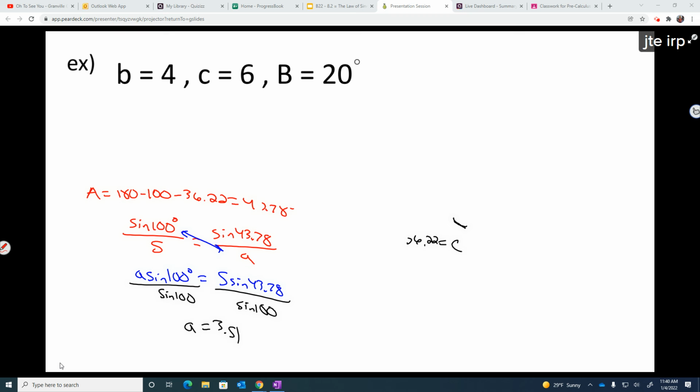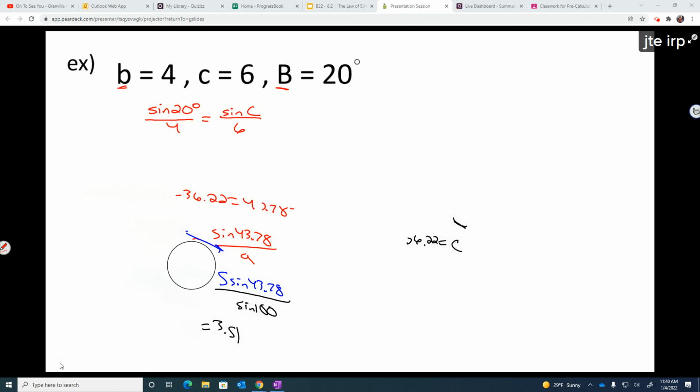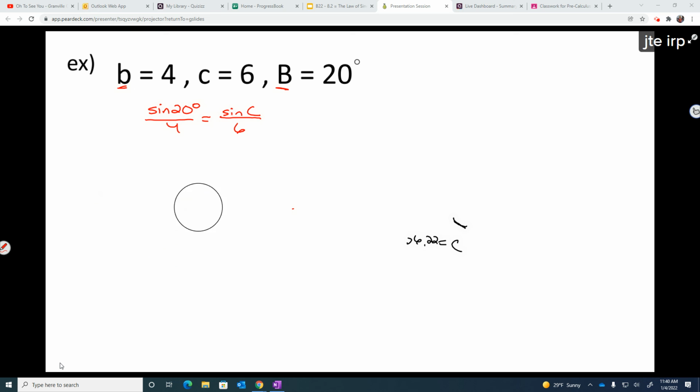So we got our B and B. So we want to do sine of 20 over 4 equals our sine of the big C over 6. And then just go ahead and solve for big C there. Make sure you can do that on your own. We don't have to do the whole problem. We'll just do that first step.